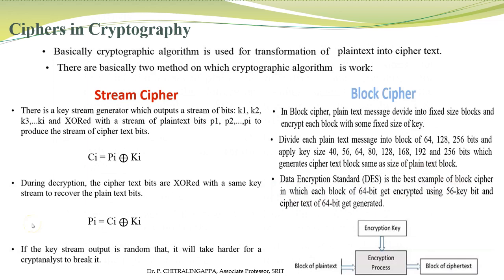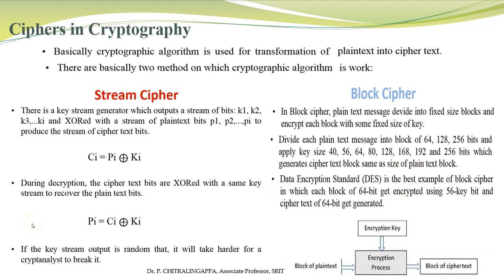Ciphers in cryptography: basically, cryptography is used for transformation of plain text into ciphertext. There are basically two methods on which a cryptographic algorithm works: the stream cipher and the block cipher.